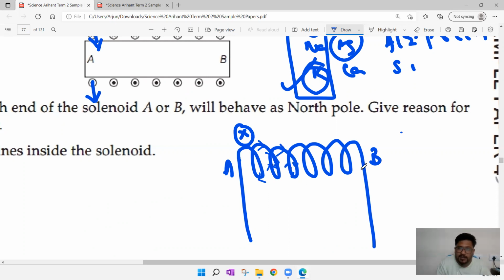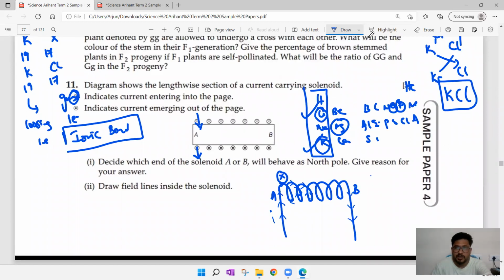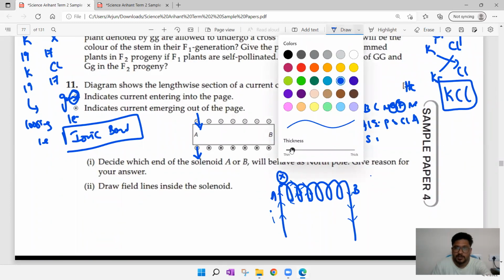If you trace the path, here also current will be coming like this. That's it, na? So currents are going like this, and from B current is coming out. From A current is going inside, from B current is coming outside. So that is the information which they have given. This is just information. Now let us try to solve the answers.